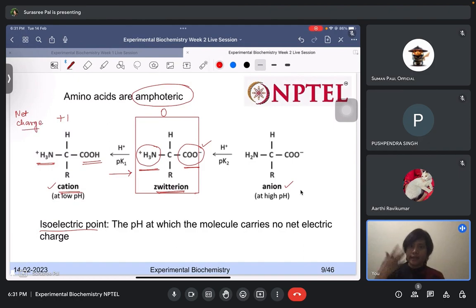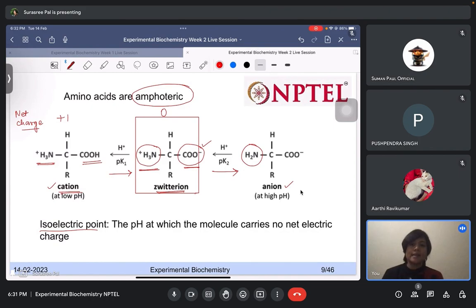Now as we again increase the pH, next this alpha amino group will also lose its proton, or be deprotonated, right? So the alpha amino group now exists as an NH2 group, not as an NH3 plus.